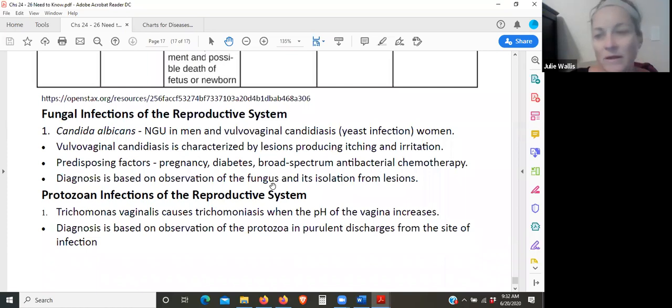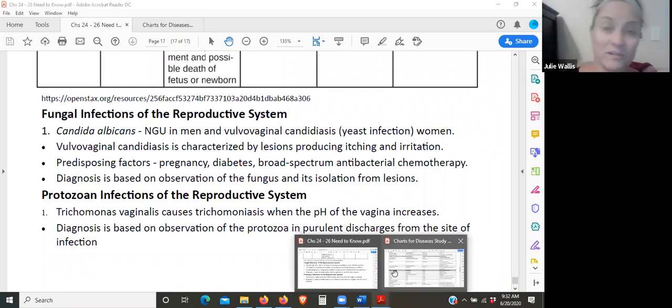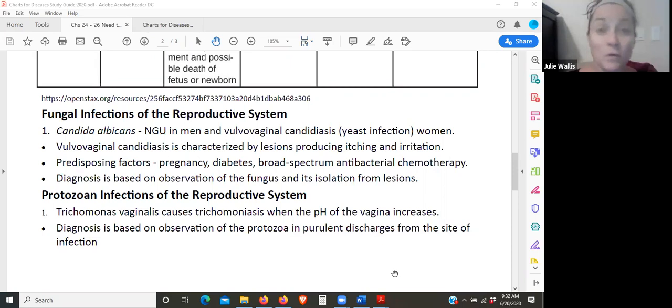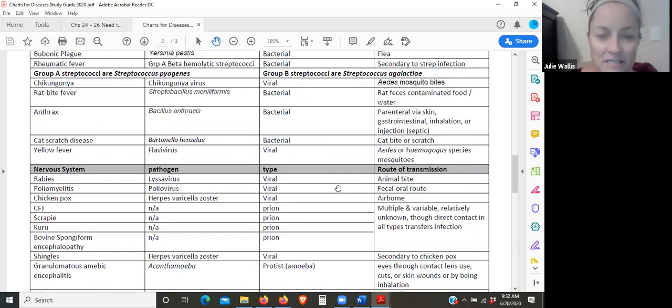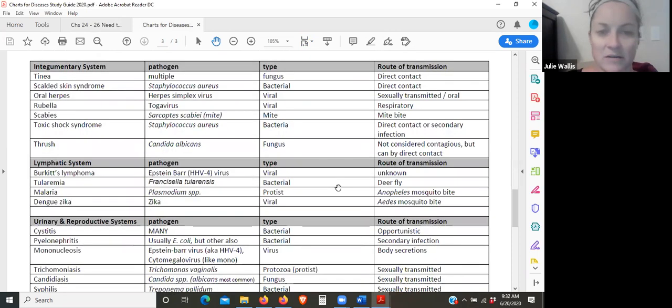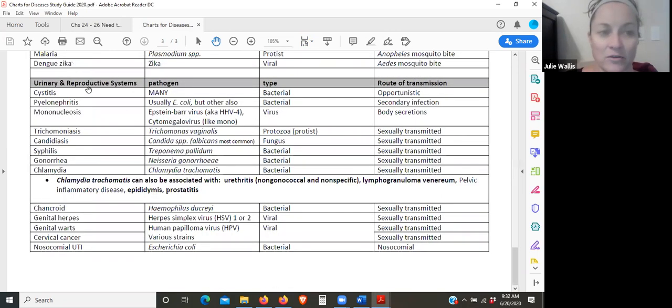A big thing with the STIs and the reproductive and urinary system is paying attention to which ones are protists, which are fungi, which are viral, which are bacterial, because there is a lot of information in that section. This is down here in the urinary and reproductive systems section.